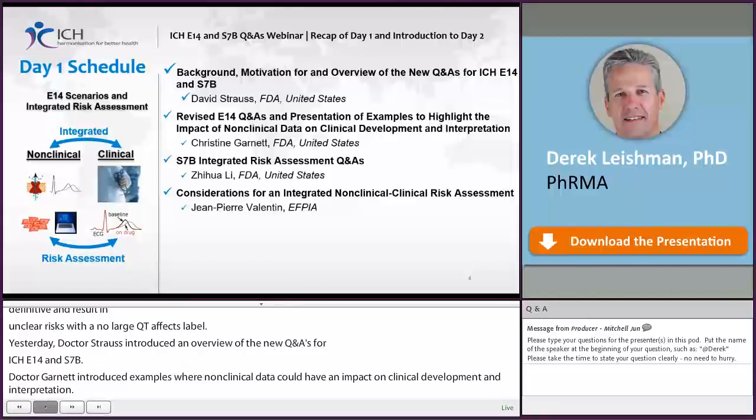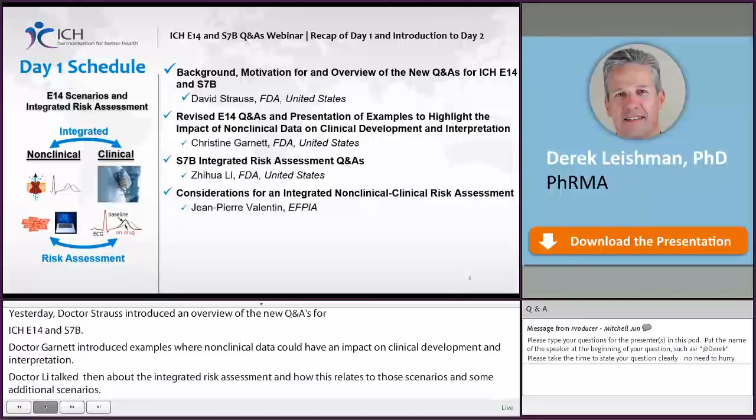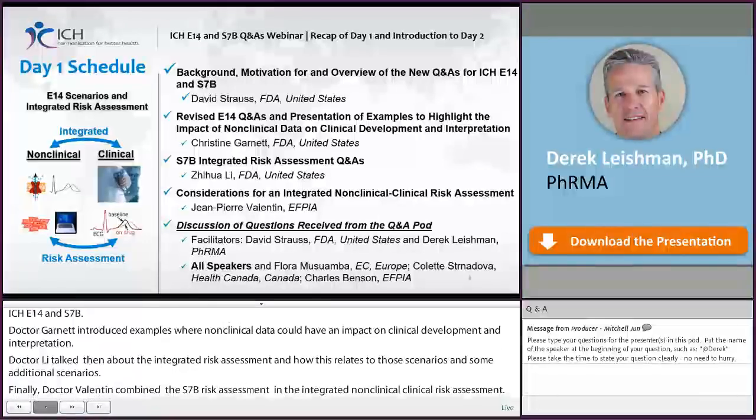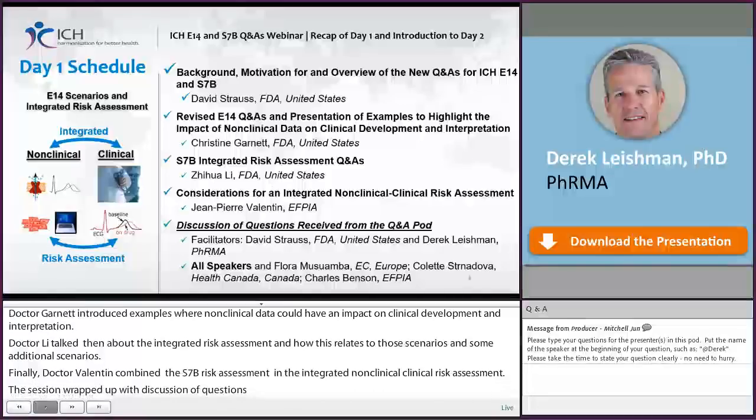Finally, Dr. Valentin combined the S7B integrated risk assessment into an integrated non-clinical-clinical risk assessment. The session wrapped up with some discussion of questions received from the audience, facilitated by Dr. Strauss and myself, with all of the speakers and some additional members of the Implementation Working Group.